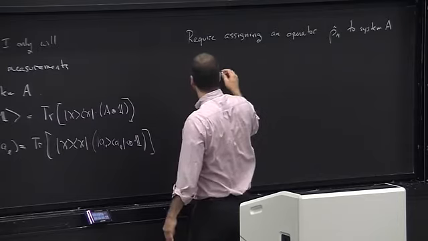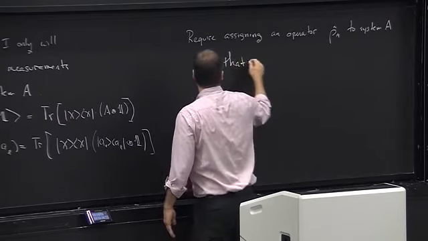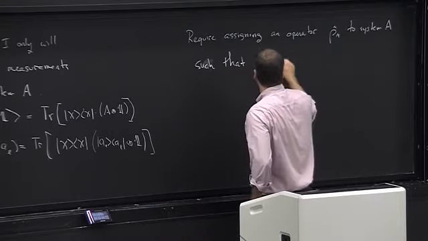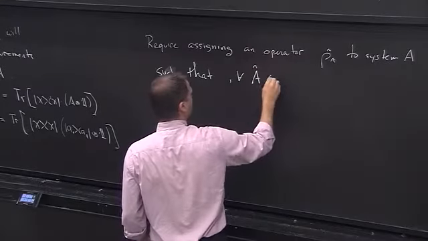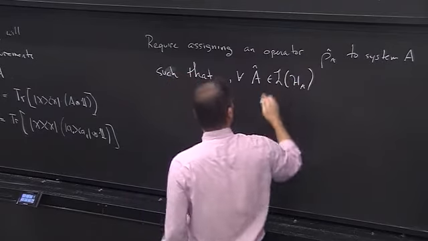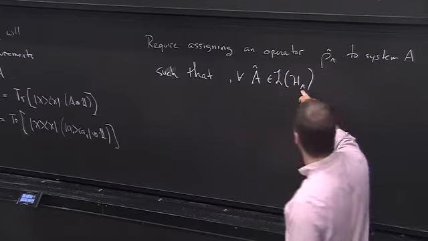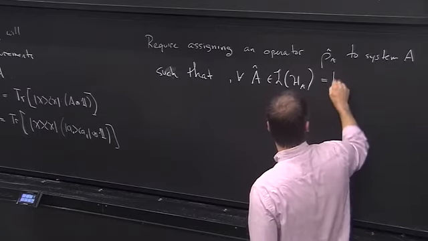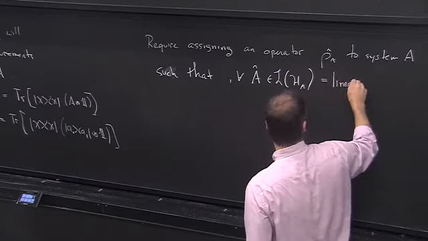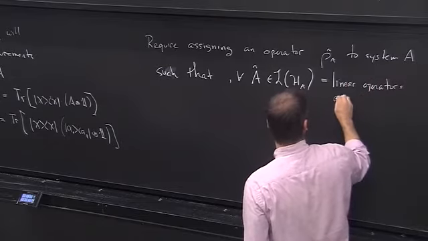So in particular, what that means, I want for every A, which is a linear operator acting on HA, so this is equal to linear operators acting on HA.